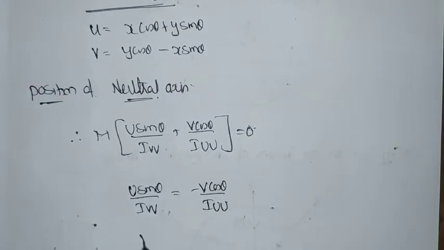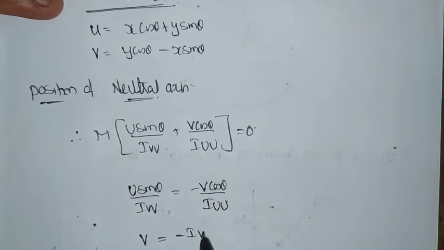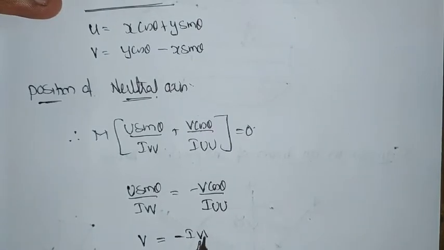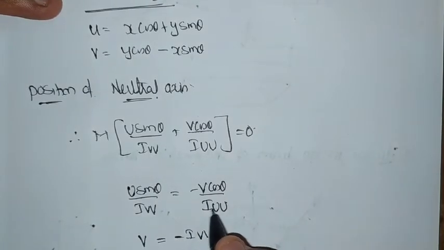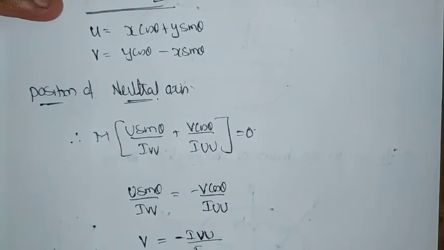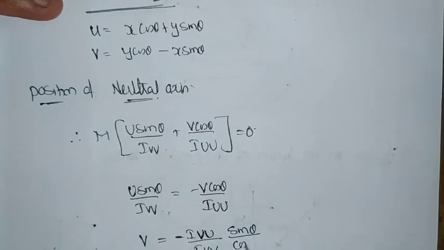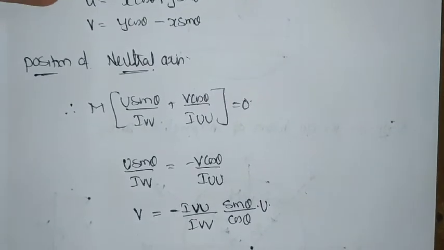From this, taking v, the minus sign stays, and cos theta and sin theta go to the other side, then I uu by I vv into sin theta by cos theta into u will come.